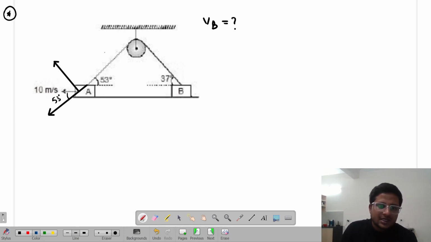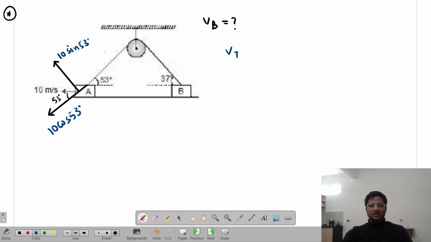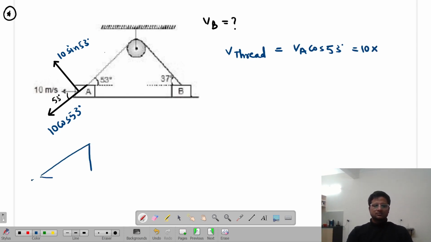So what is actually the direction of the thread? It's not 10, it is how much? 10 cos 53, because 10 sine 53 is never along the direction of the thread. So the velocity of my thread is the velocity of A into cos 53, which is 10 into cos 53. 37, 53, 3, 4 and 5.